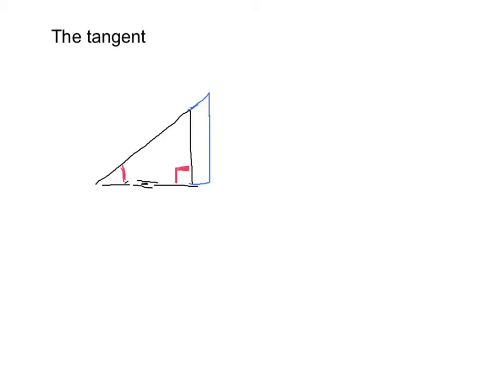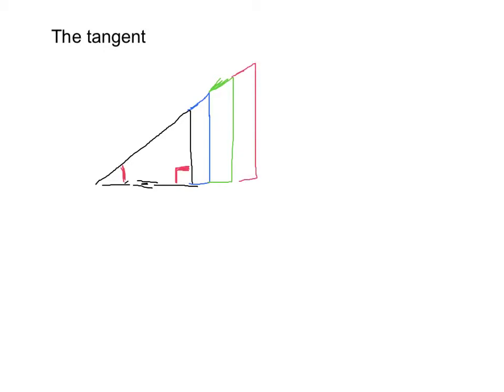I hope you can see what I'm doing. Let's make another one that's bigger. I'll make it a different color, so you know what I'm talking about. And here comes another triangle, and that angle is the same. I'm just making it bigger. And another one. Great.